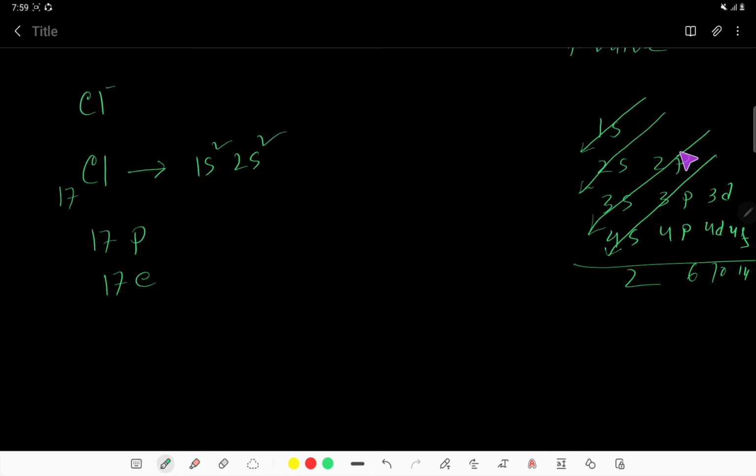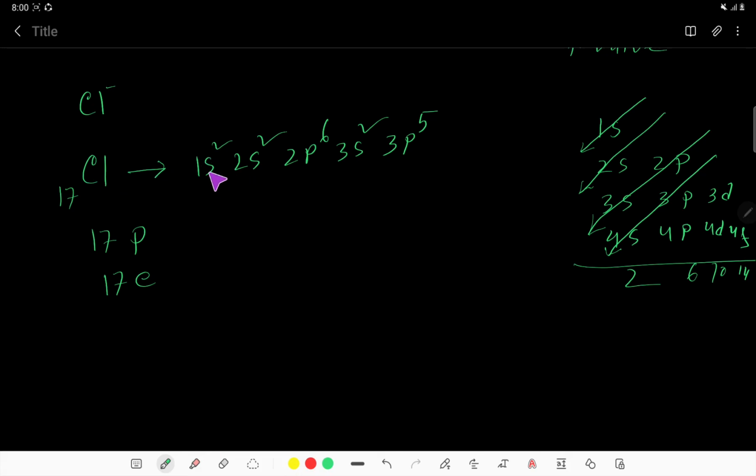Then we will go to 2p6, then 3s2. So we have used 2, 4, 10, 12 electrons. After 3s, we have to place electrons in 3p5. So look, we have used 17 electrons. So this is the electron configuration of chlorine.